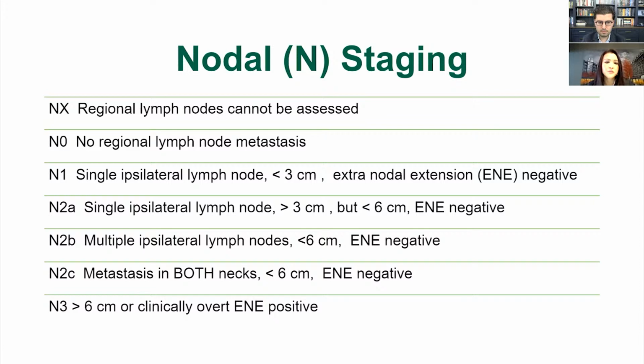N2B, several lymph nodes, all of which are less than 6 centimeters in size, contained to the lymph node itself. Moving to N2C, you have disease in both necks, all the lymph nodes are less than 6 centimeters, contained to the lymph nodes. And then the most aggressive neck disease are the N3s, which are greater than 6 centimeters, and the lymph node is pretty stuck to the surrounding tissue in the neck area, making it difficult to dissect.